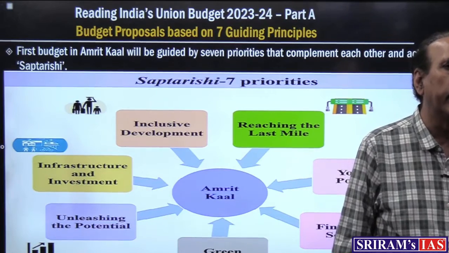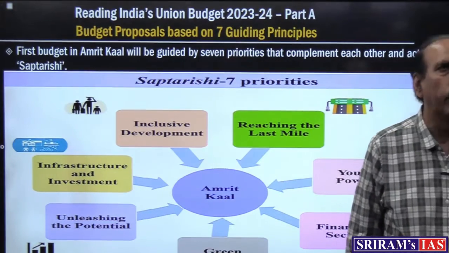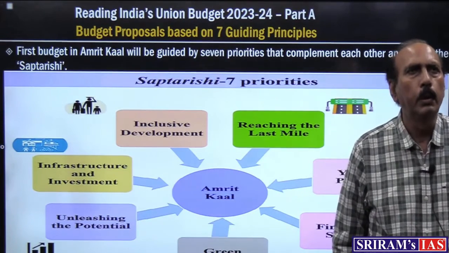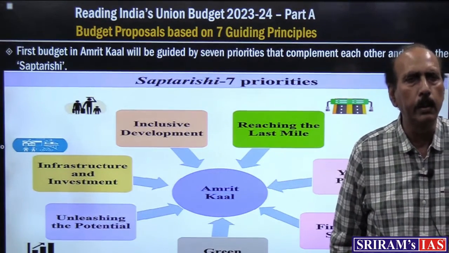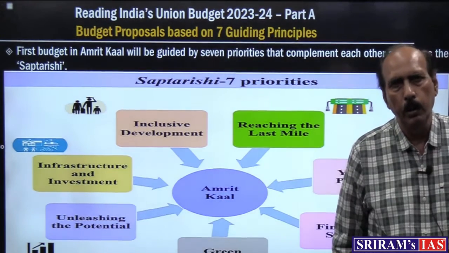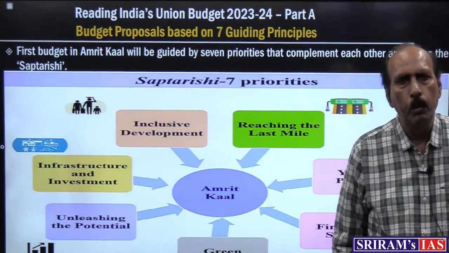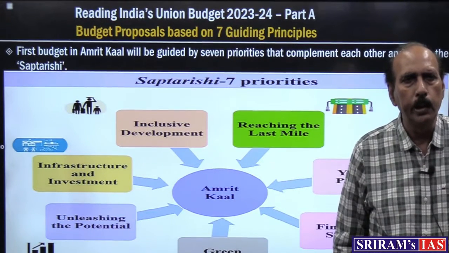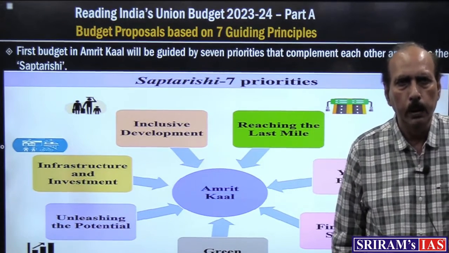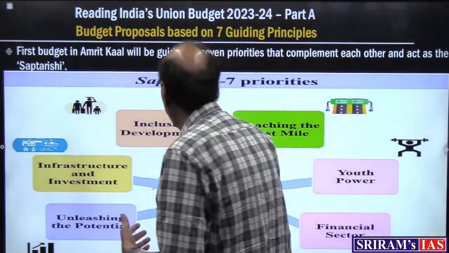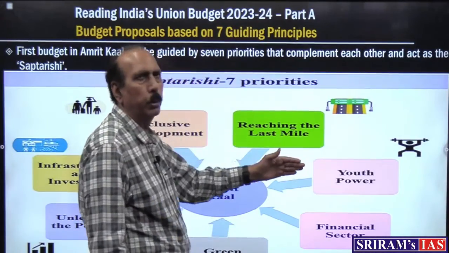And this is our strength. If we can utilize this youth, we can definitely attain most of our targets over a period of time. Most of the targets can be attained if we can use the youth power. And that's why the focus is on the youth.